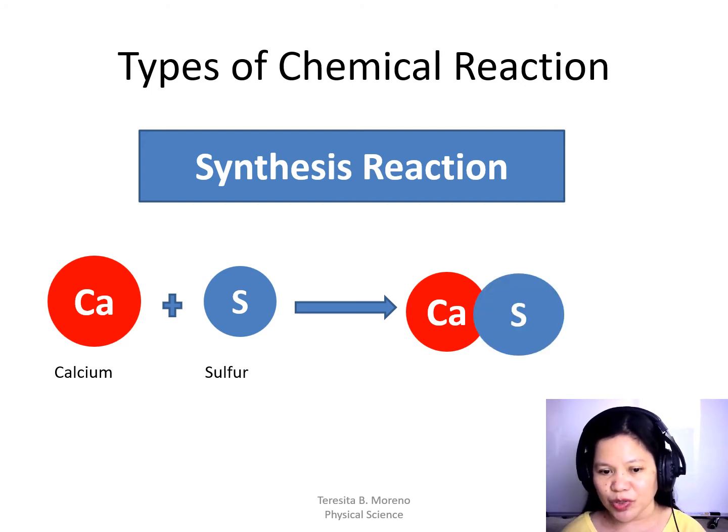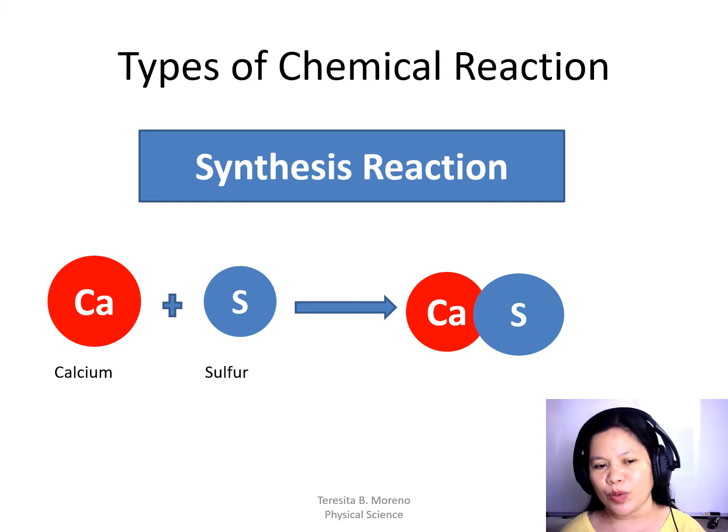Okay, remember the tutorial that I gave you on naming some chemicals? You have to identify whether it is anion or cation. Name the cation first, and then the anion, changing it to IDE. So in this example, calcium is a cation, while sulfur is an anion.